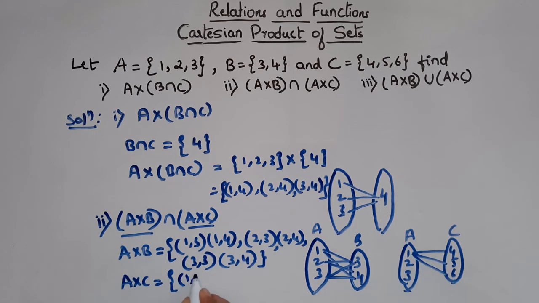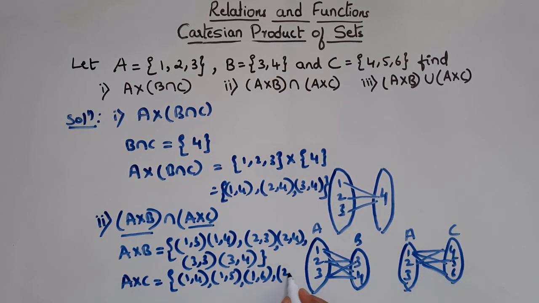Similarly 2, 4, 2, 5 and 2, 6, and we have 3, 4, 3, 5 and 3, 6.